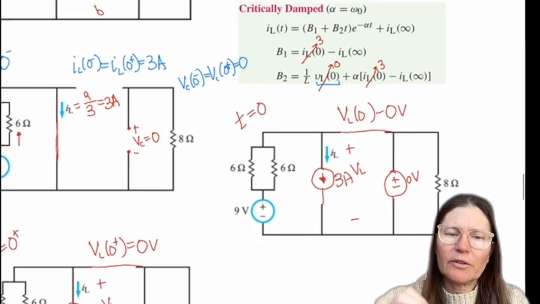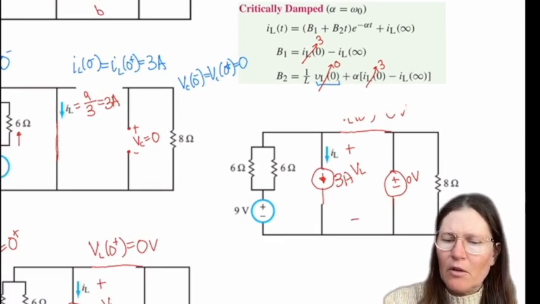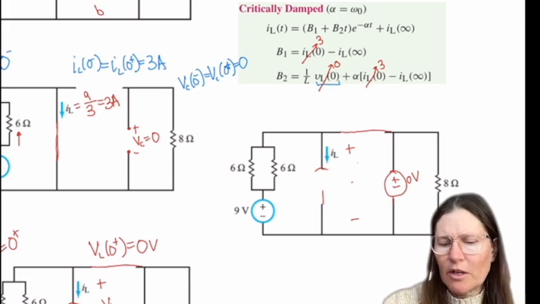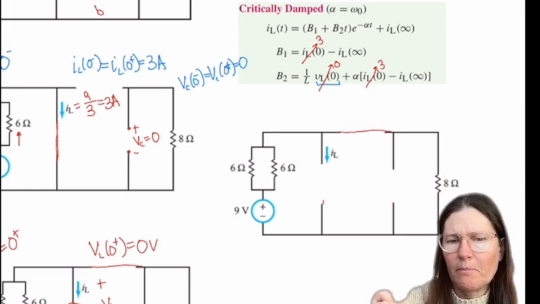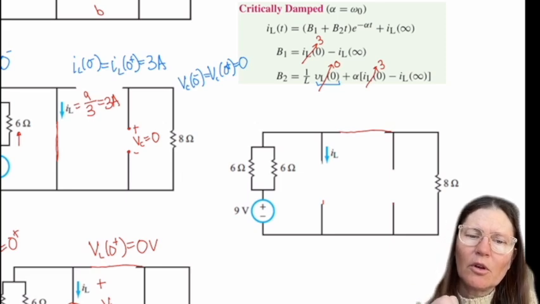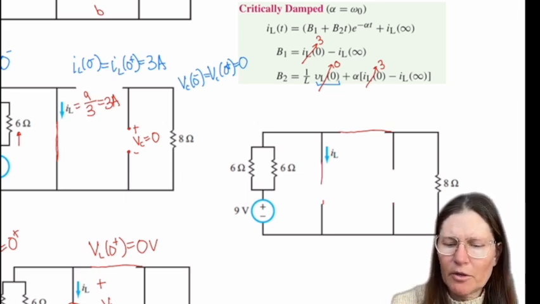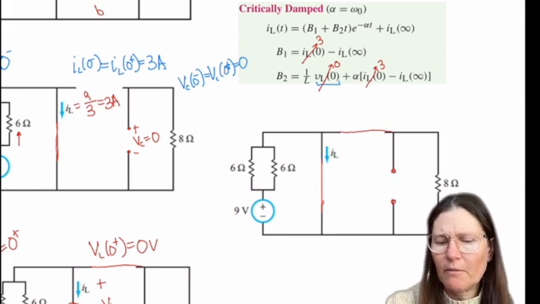And so in the final stage, the switch will be closed, and now these are going to be a wire and an open. So a wire for your inductor, and then this is going to be open for your voltage.